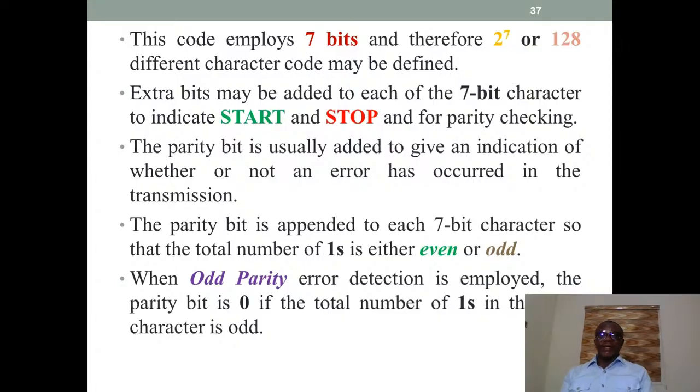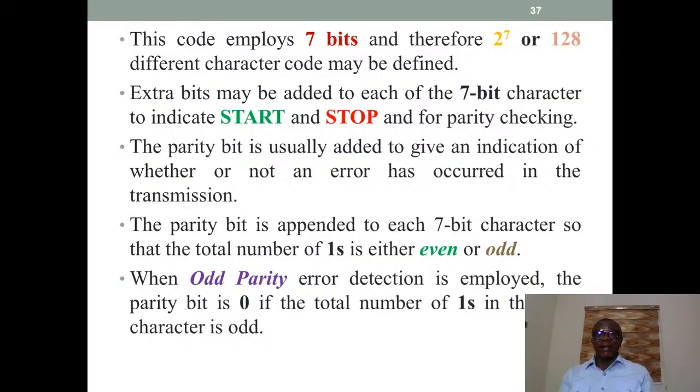In other words, if you are transmitting a binary string, the system checks the number of ones in that string. If the total number in the 7 bits is odd, it will append 0 as the 8th bit to show that the number of binary ones in that transmission is odd.